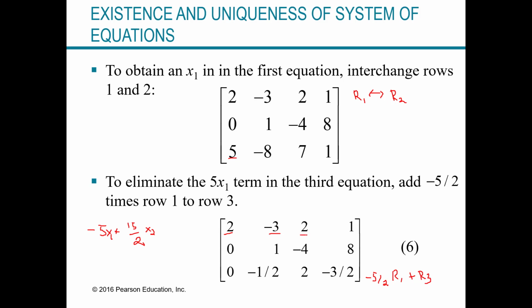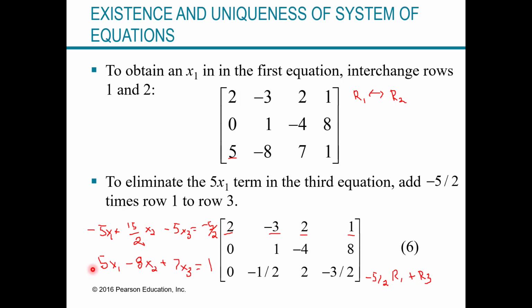Then negative 5 halves times 2 becomes minus 5 x3. And then don't forget your answer column: negative 5 halves times 1 would be negative 5 halves. I'm writing this so you can see what we did: negative 5 halves times row 1, added to row 3. I'll put it underneath so you see it.